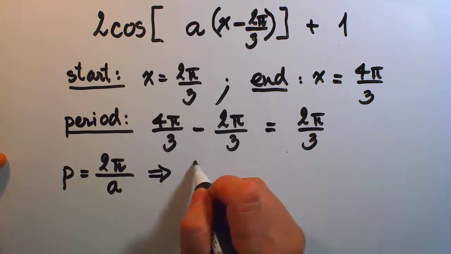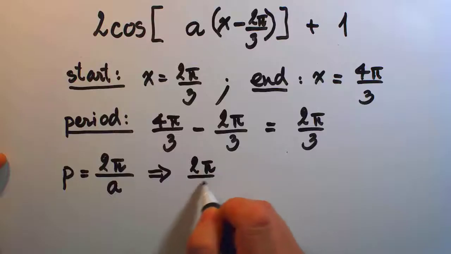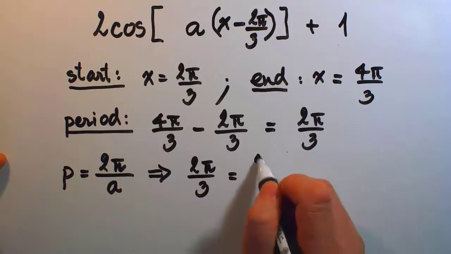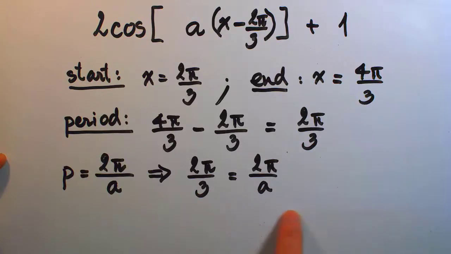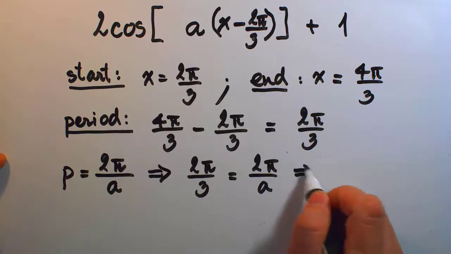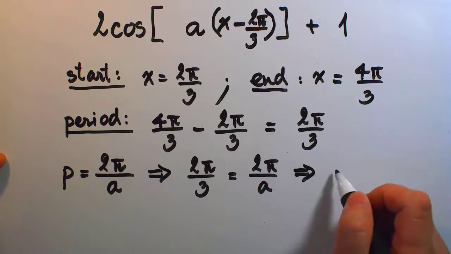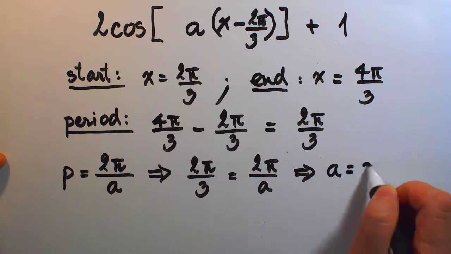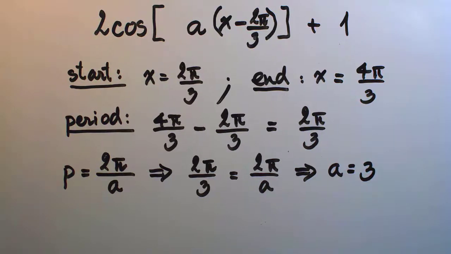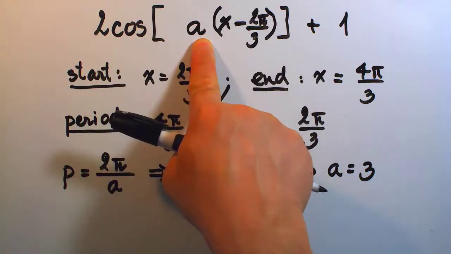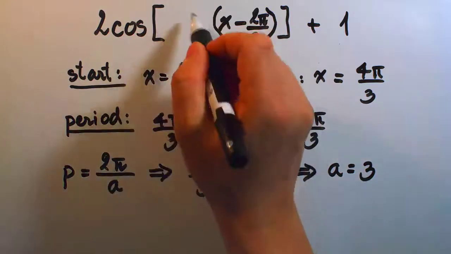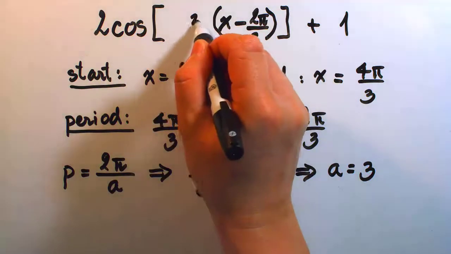And I'm looking at 2 pi over 3 equals 2 pi over a. After producing this equation, solving it is going to give a equals 3 for us. And so that coefficient a now has the value 3.